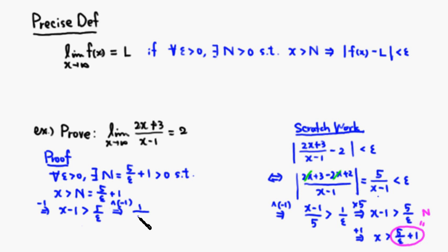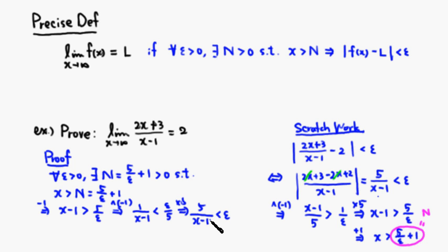Then we have 1 over x minus 1 is less than epsilon over 5. Make sure to change the direction of the inequality. And then multiply both sides by 5. So you get 5 over x minus 1 is less than epsilon.